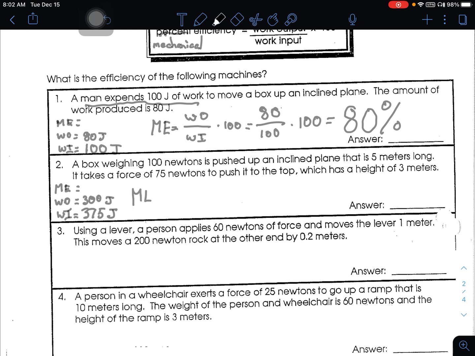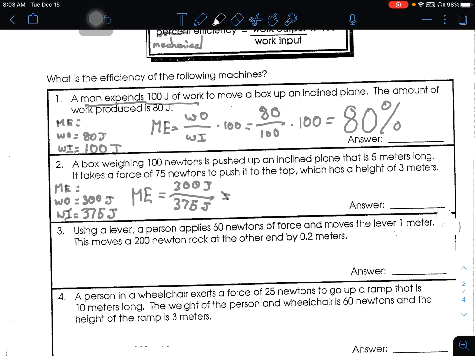Solve my mechanical efficiency, ME, equals 300 divided by 375. I actually have to get my calculator for this problem, which I have with me here. 300 divided by 375 equals 0.8.